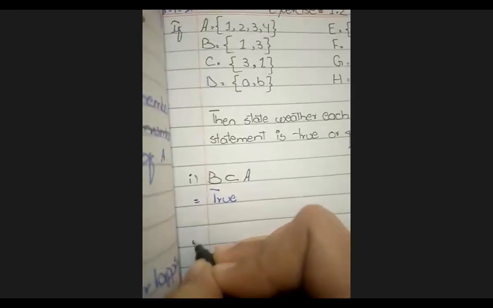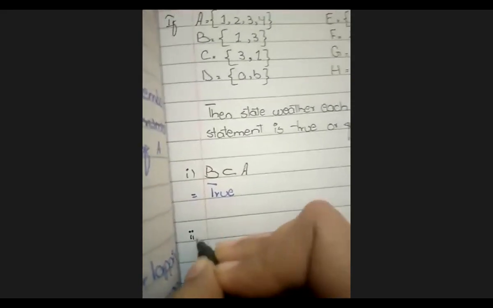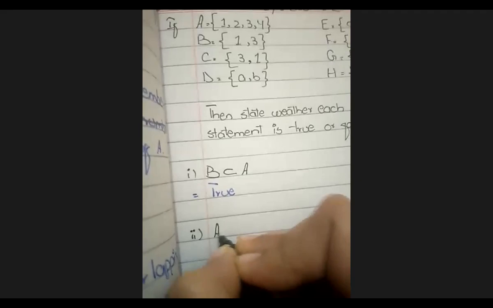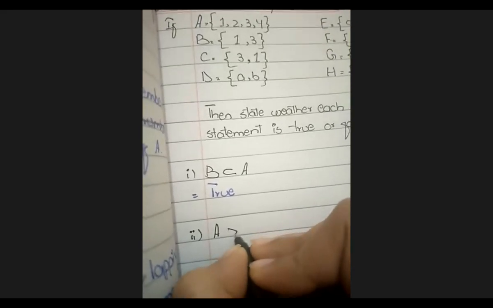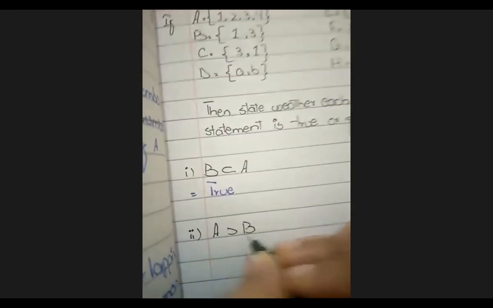Now copy down part number 2: A is a superset of B. Is it true or false? Number 2 is true.